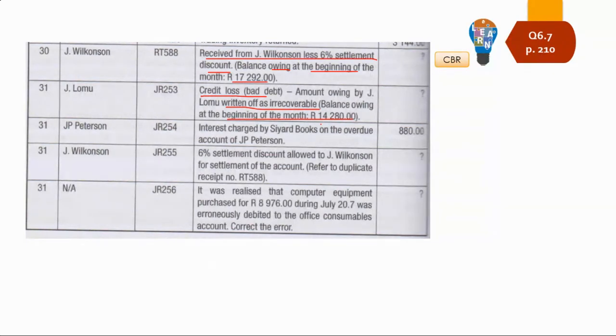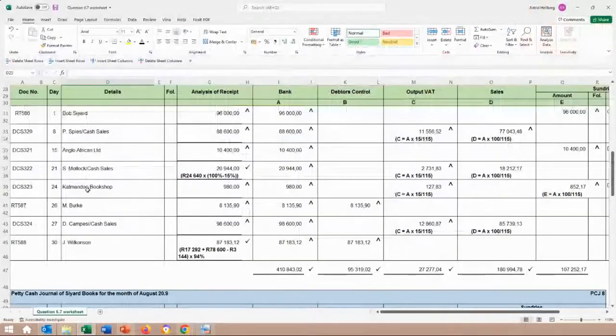If you do not have a textbook, just write down 14,280 as your opening balance. And then I'm going to open the Excel file again. I want you to work out the amount we are going to write off for J. Lomo, because he is written off as irrecoverable.